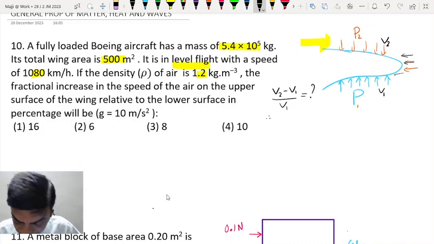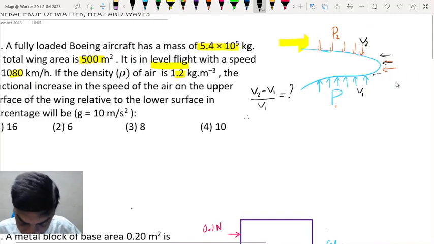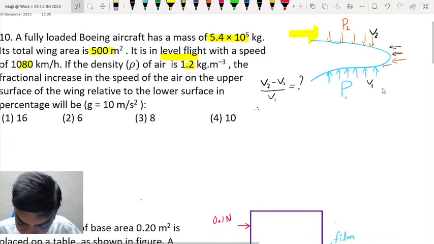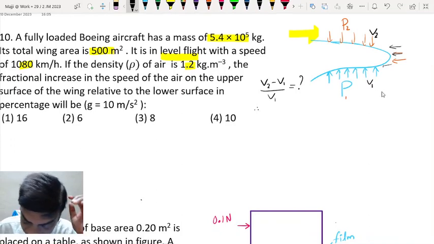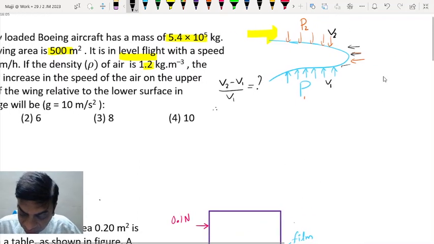This could be calculated in this way. Now we'll apply Bernoulli's theorem for horizontal flow.